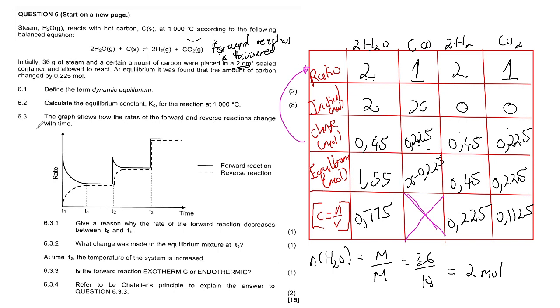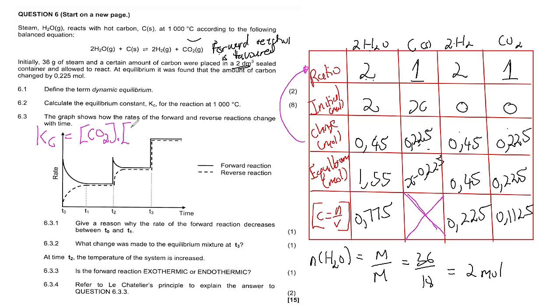So in order to calculate Kc, we now need to say Kc is the concentration of the products. So we have our product, carbon dioxide, and as we can see, the ratio here is 1. So it has an exponent of 1. We can just leave it like that.